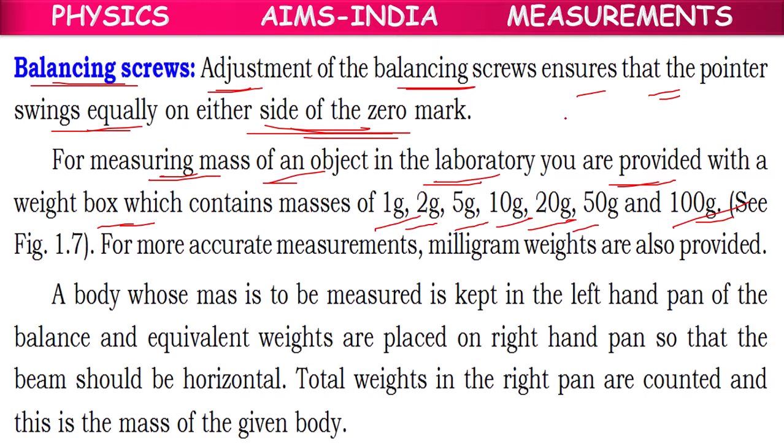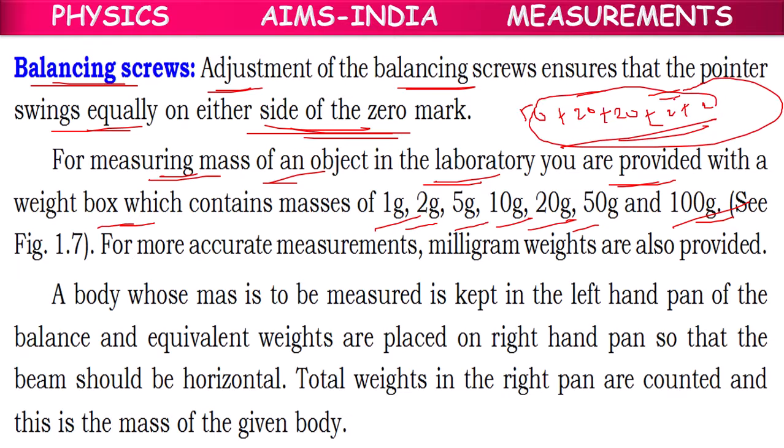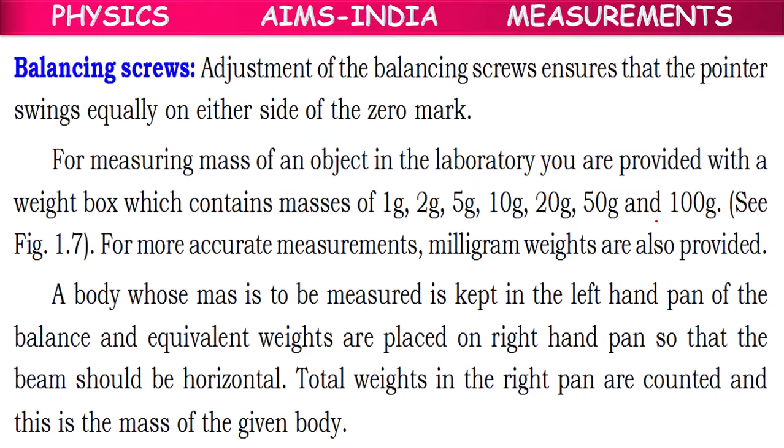Suppose I want 94, I can take 50 plus 20 plus 20 plus 2 plus 2. So with these given weights, we can make any combination between 1 to 100 grams. For more accurate measurement, sometimes milligram weights are also provided.